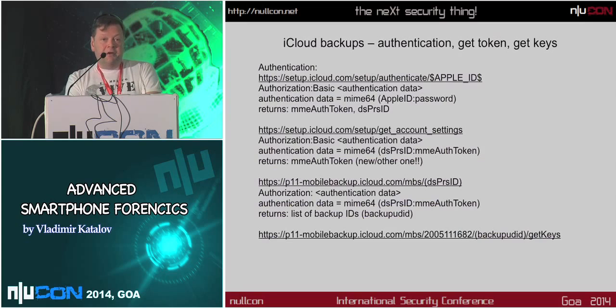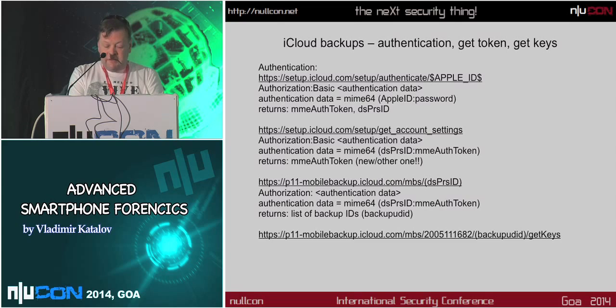So after analyzing the backup protocol, how the restore is being done, we have found that there are a few commands. First of all, we have to authenticate using the Apple ID and password, and we get the authentication data. Then we send another request called get account settings using the authentication token we got in the previous step.